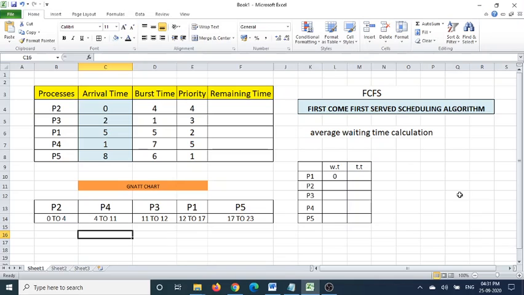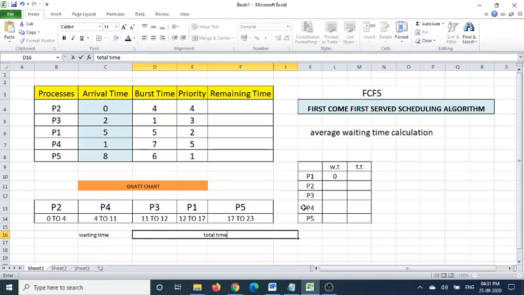Waiting time is the total time a process spent in the ready queue. Okay, so that is waiting time.